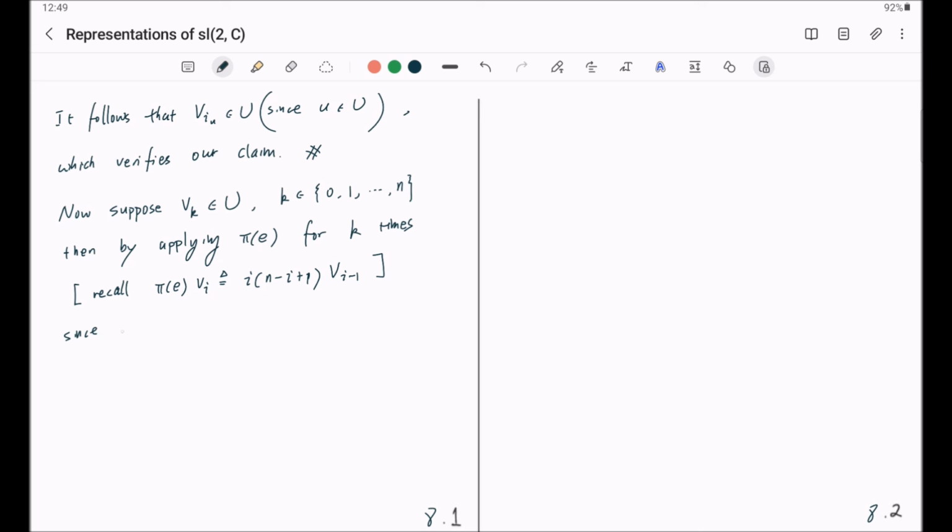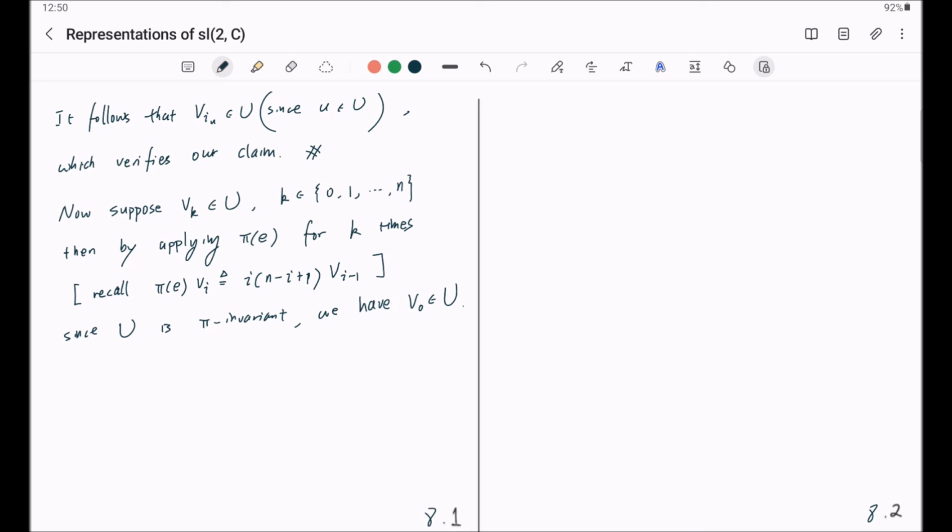Since U is pi invariant, after applying this k times, the v_0 must be in U. We get the first vector in the basis v_0, v_1 through v_n that lives in U.